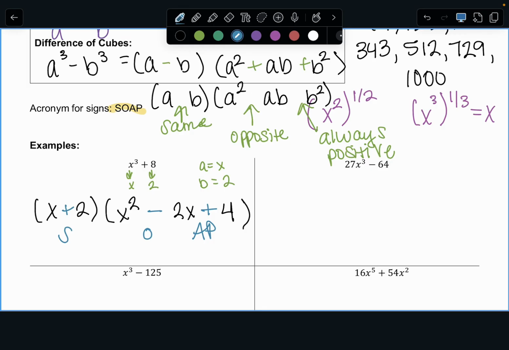I'm giving you permission to never look at that trinomial because it will never factor, okay? So this piece right here, no matter what, is never factorable. So once you get a trinomial from a sum or a difference of cubes, you can stop, at least on this piece. The binomial might need some work still, but the trinomial, you're done. You'll never be able to factor it, so just don't waste your time.